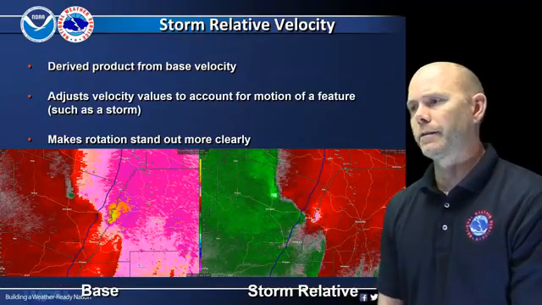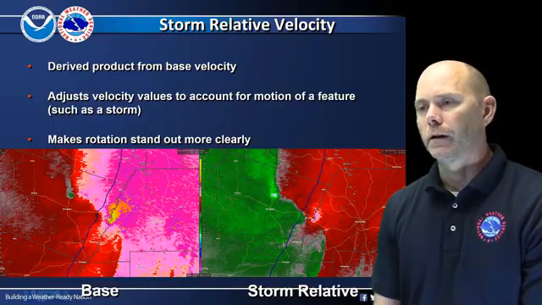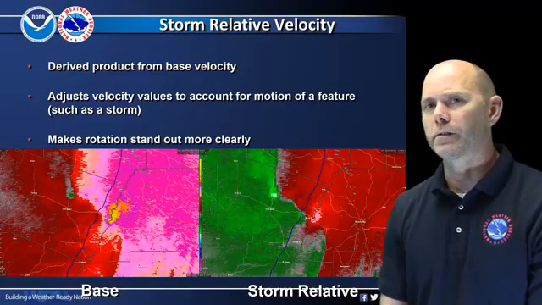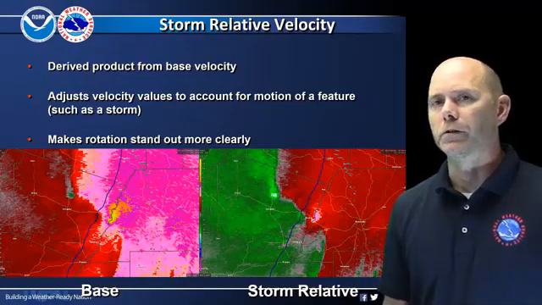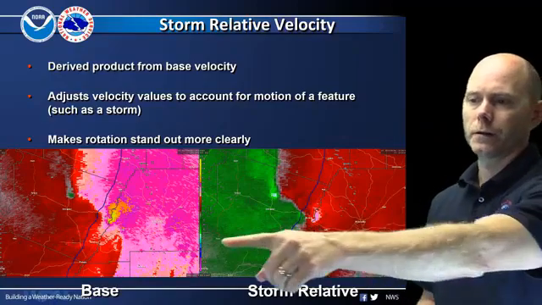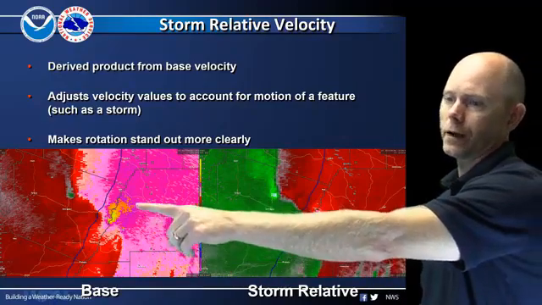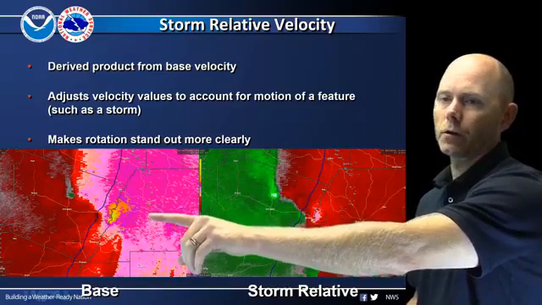Another sense about velocity: a lot of times if you look at the base velocity and you're in one of those wintertime systems that has a lot of wind wrapped up in it, and we're looking at velocity patterns associated with the line of storms, we may see nothing but reds, like over here, all outbounds. But within that, there is circulation.